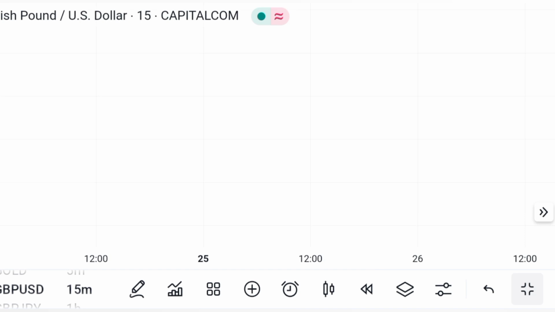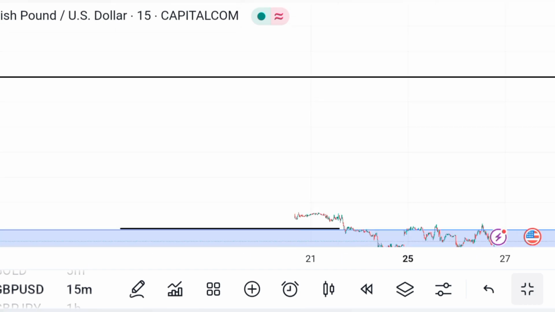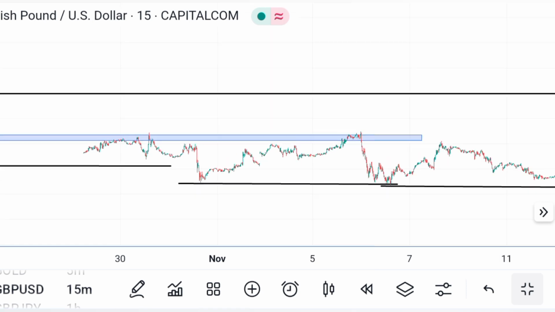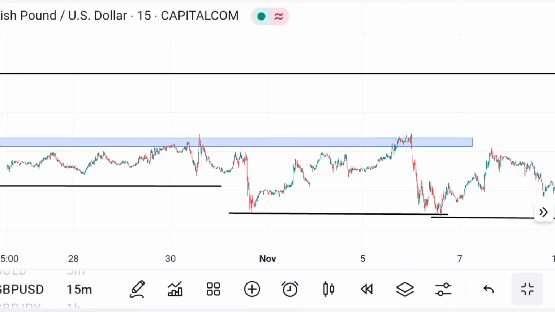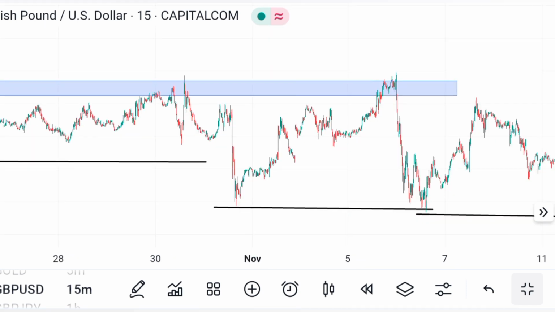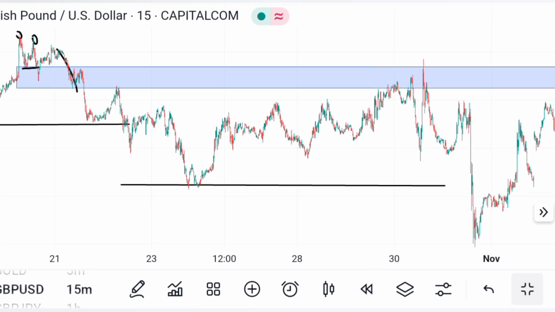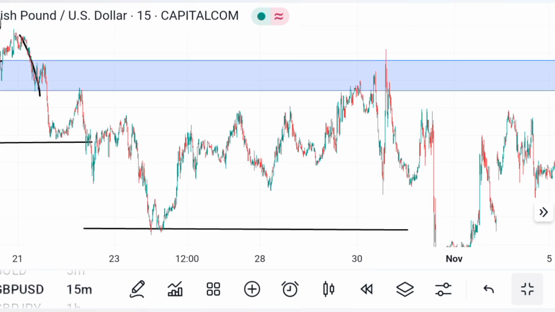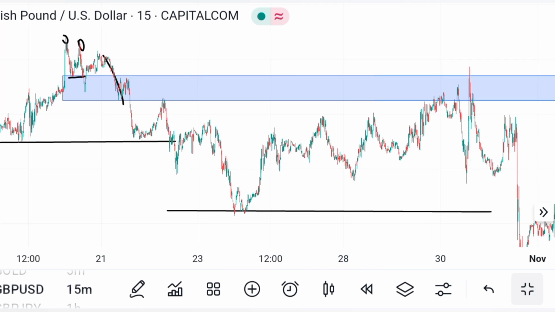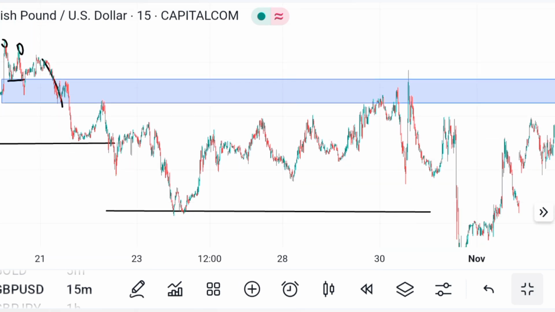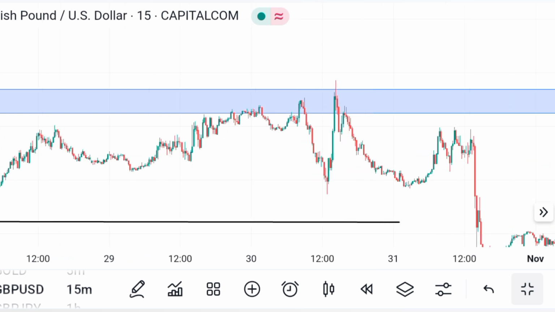Let's go back and see what they really considered before entering the market here. After that break of market structure, yes, we are here. On retracing, the market was making some higher highs and higher lows until it reached here.